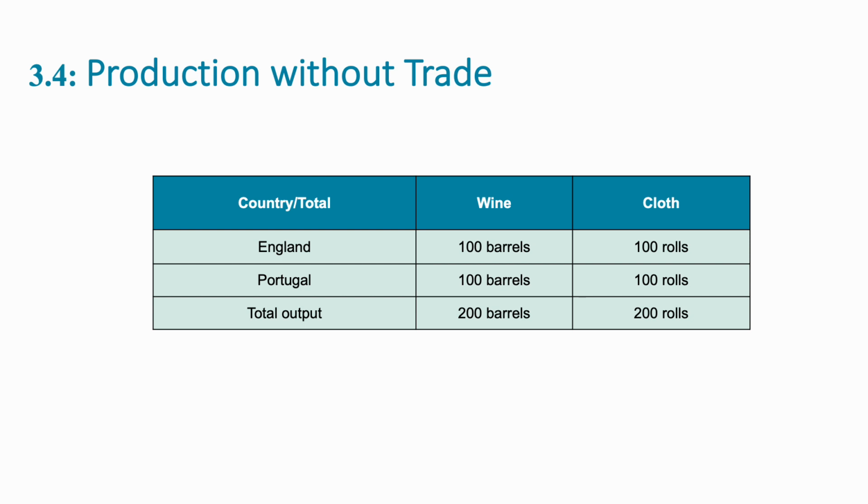And the production without trade means it's still going to cost a total of 220 workers for England to make wine and cloth, and 170 workers in Portugal to make wine and cloth. So you can see how it's still easier for Portugal to be able to do this.